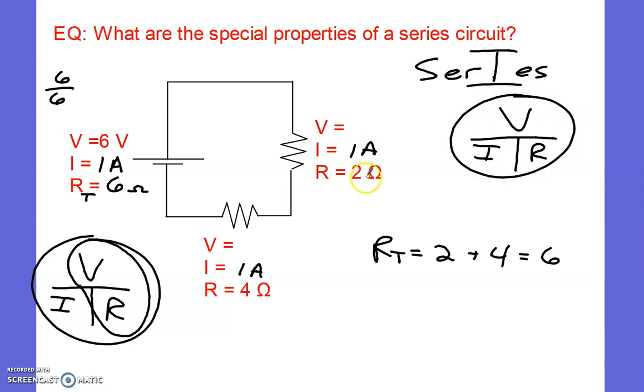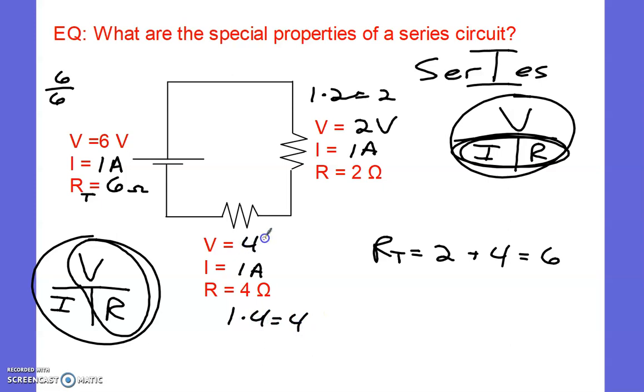I know I and R, so I'm going to multiply them to get my V. Same thing here, I know my I and R, so I'm going to multiply them to get my V. And once we solve for V, I, and R, then we're all finished.